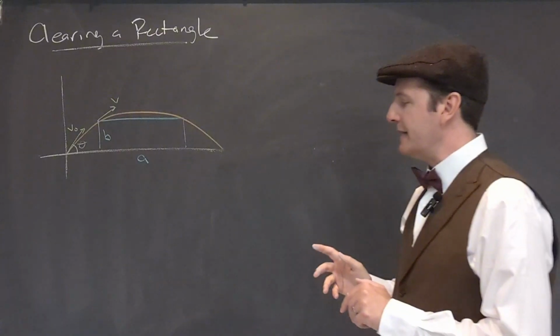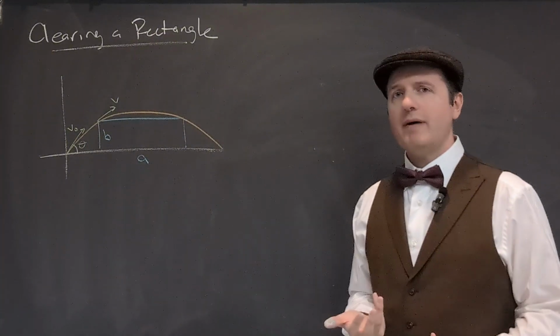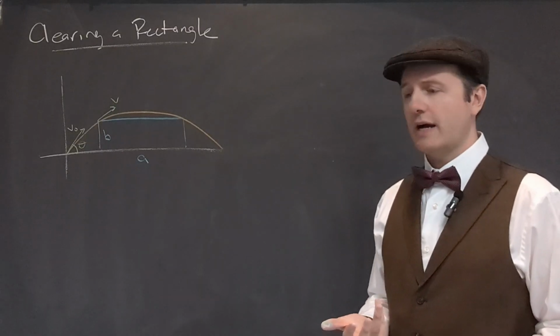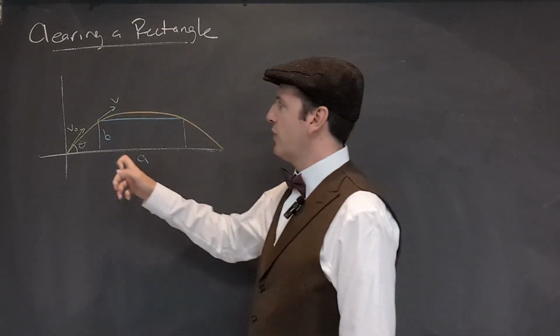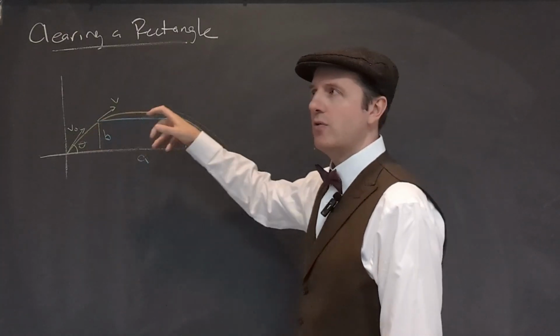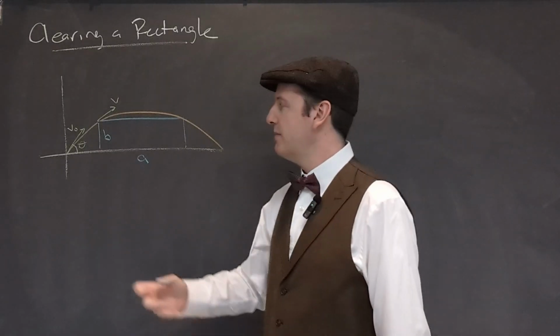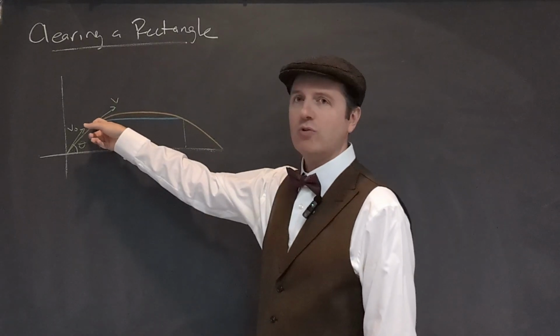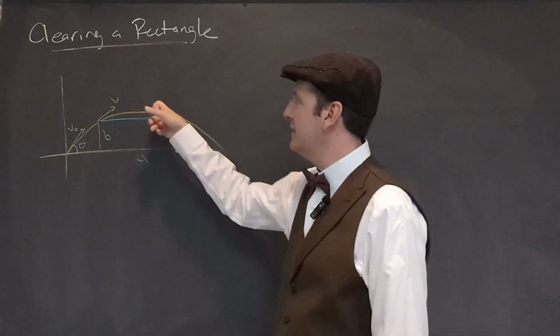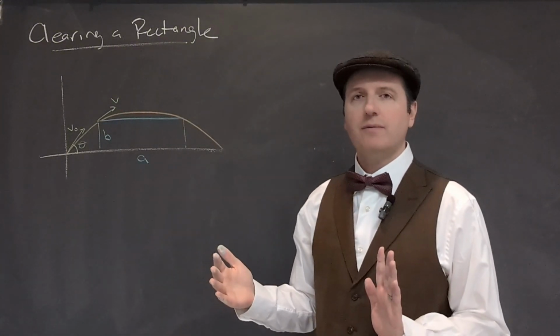So first, let's get the speed. The easiest way to do this is actually fall back on stuff we've already worked out before. Let's move the whole problem up to this corner. So the minimum launch speed will correspond to the minimum speed at this corner point to just barely clear the range, which is the width of the rectangle.